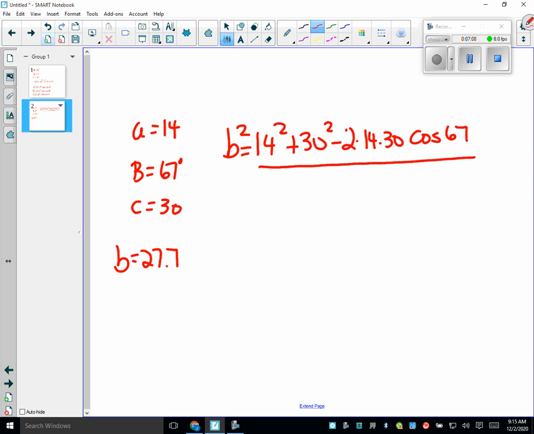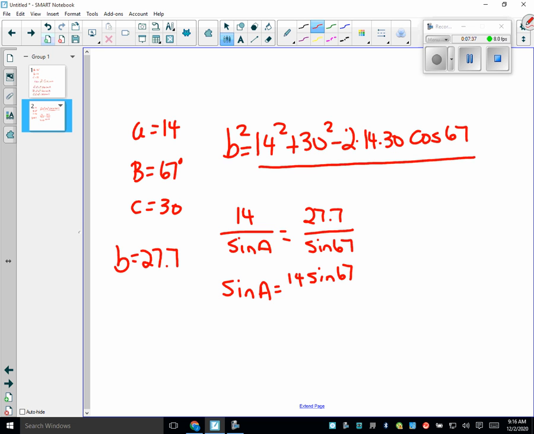So I'm going to find angle A. So 14 over the sine of A is equal to 27.7 over the sine of 67. So sine of A is equal to 14 sine of 67 over 27.7. And I know 27.7 is rounded, so this answer is going to be a little bit off. But there's not much we can do about that.